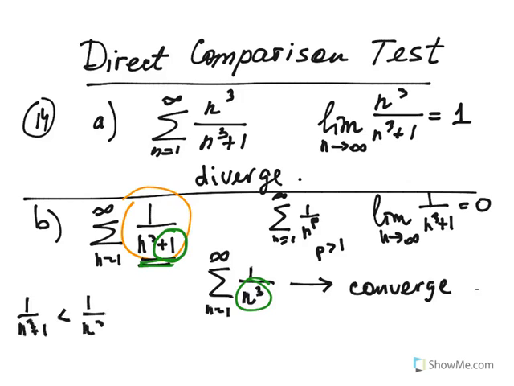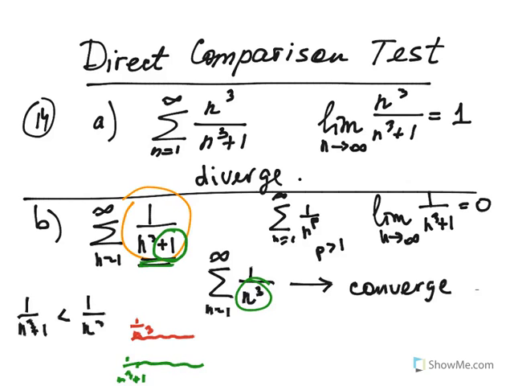Now, this is a perfect analogy I used to use when I was in high school. When I compare these two series, I know that 1 over n cubed converges, and I know that 1 over n cubed is greater than 1 over n cubed plus 1. So let's say this one is 1 over n cubed, and this one, 1 over n cubed plus 1, is under it, it's smaller.